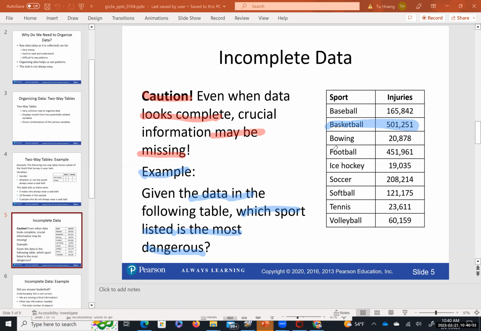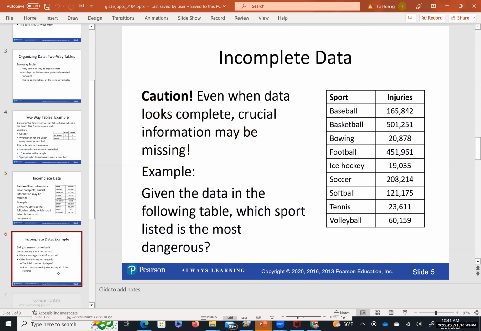We also have football, with 451,961 injuries, right? We need to have more information to answer this question. But let's take a look at the next line and see what we have.